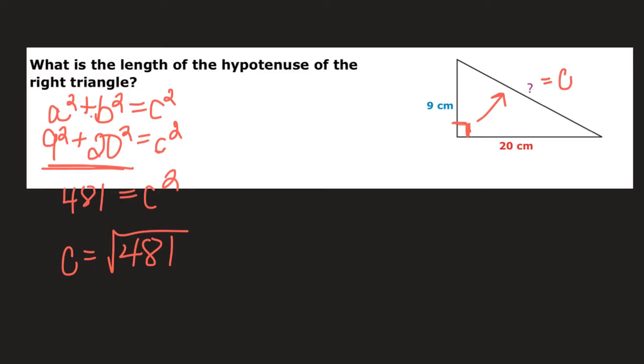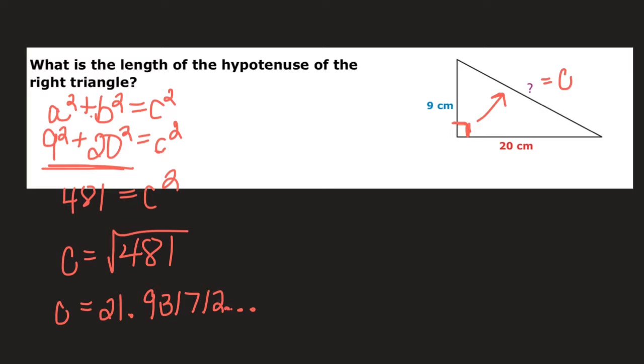Now this number is not a perfect square. Can anybody think of how I know that? On my calculator, I do not get a whole number. I get c equals 21.931712, and it goes on. Those dots, remember from last year, mean that it goes on.